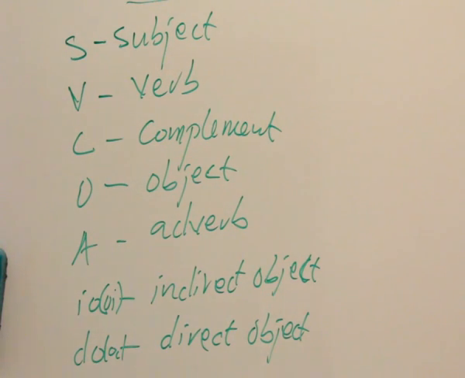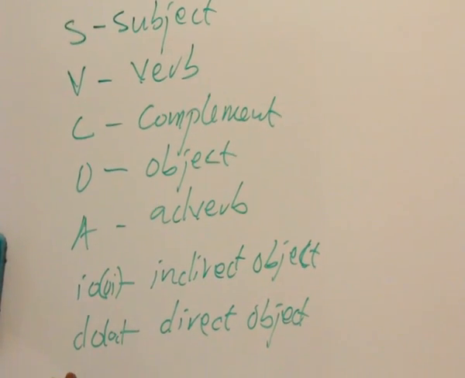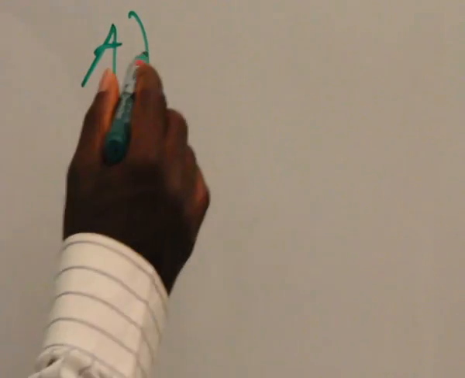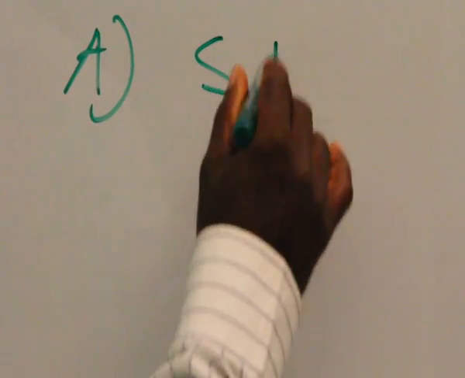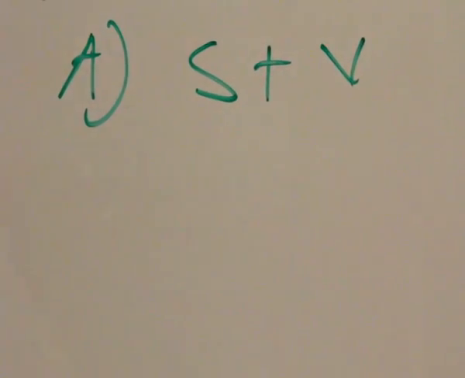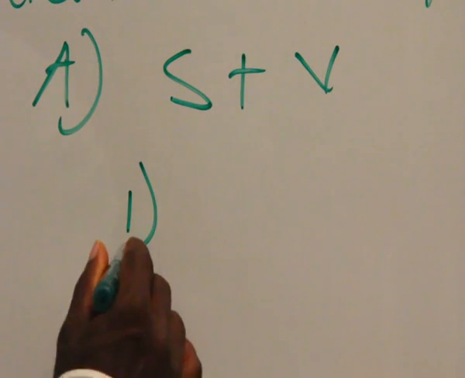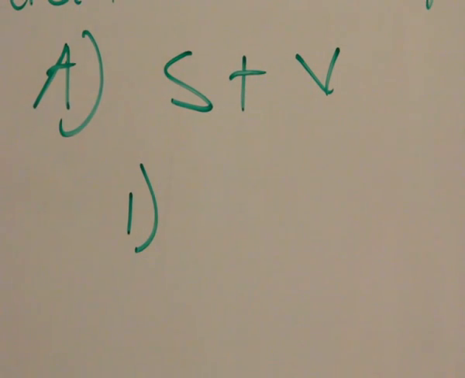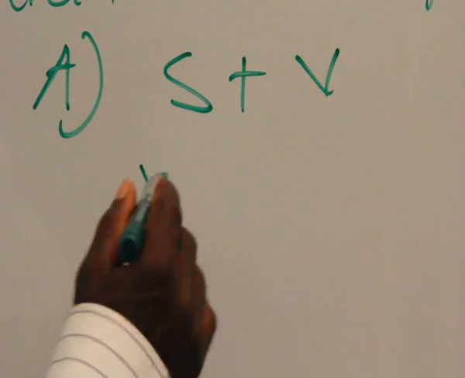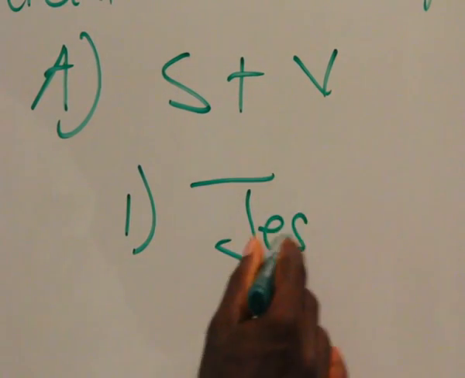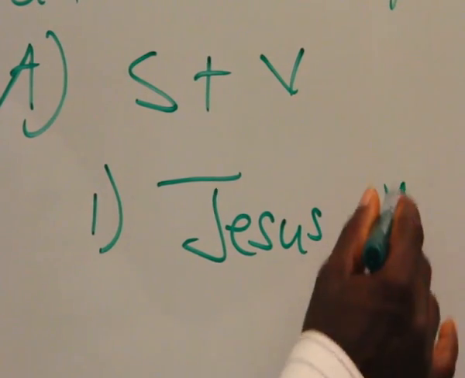Now let's look at the first structure. The first structure, we have S plus V, meaning subject plus verb. We can have that. So let's take an example for that. Sometimes you hear people say the shortest sentence in the Bible. In some version, we just have Jesus wept.